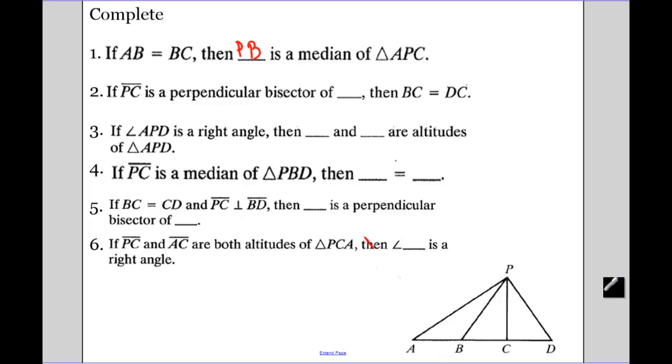If PC is the perpendicular bisector of BC of something, then BC is going to equal DC. So PC is the perpendicular bisector of a segment, that's the segment that gets cut in half. So that's going to be BD.